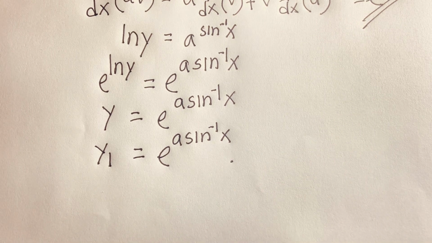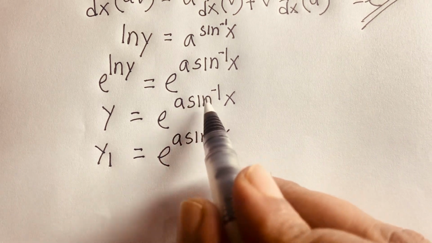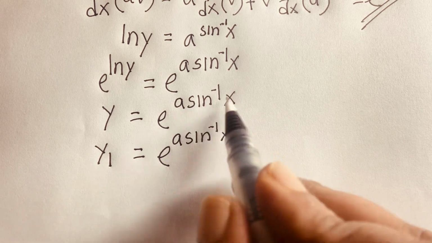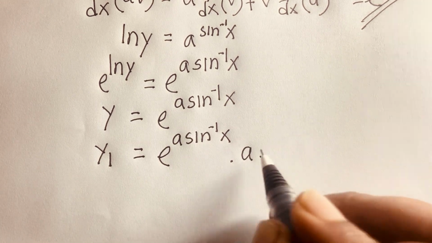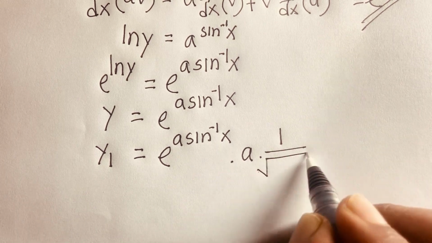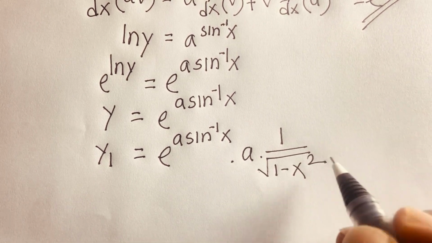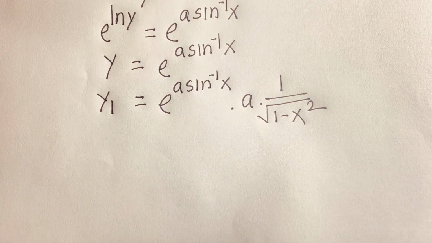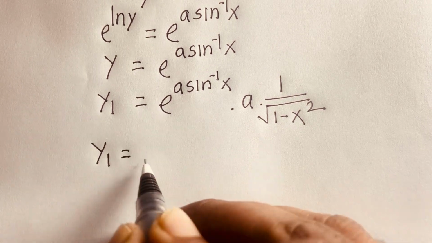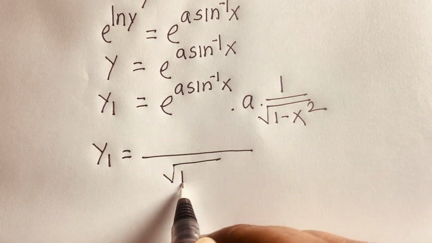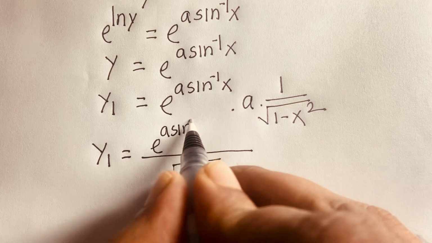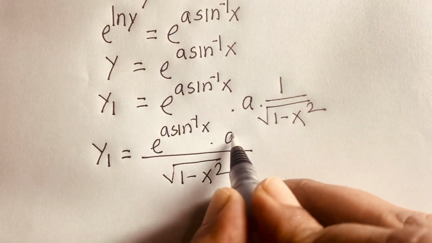But again, if I take the derivative of a sin inverse x, a is a constant, and the derivative of sin inverse x is 1 over square root of 1 minus x squared. Then this equation becomes y1 is equal to 1 over square root of 1 minus x squared, times e to the power a sin inverse x, times a.